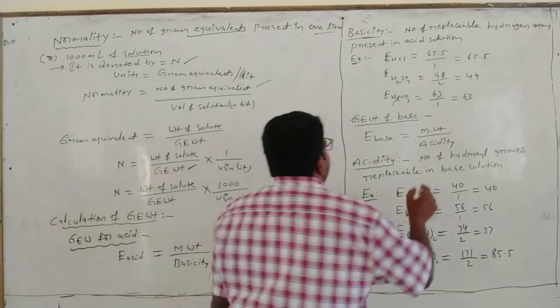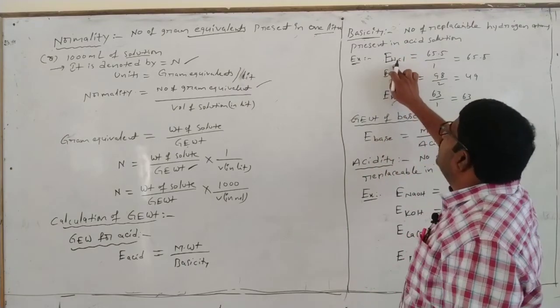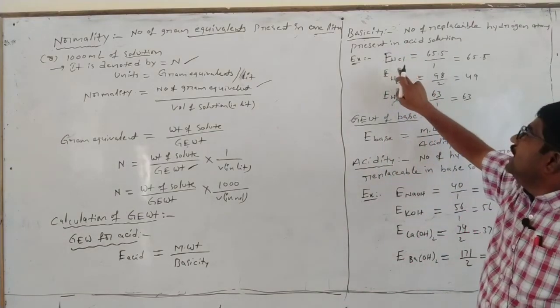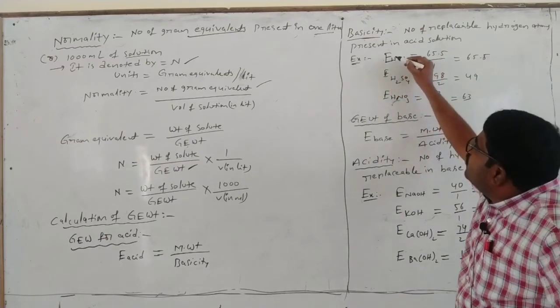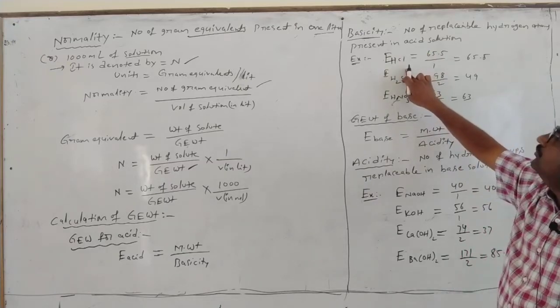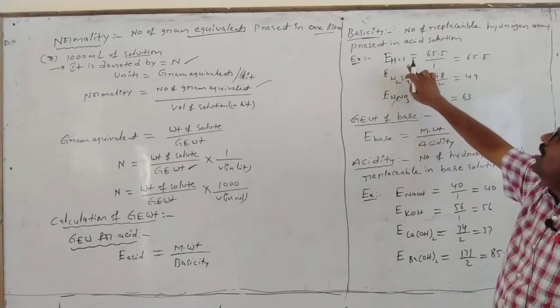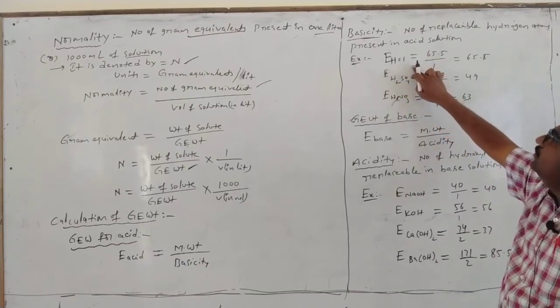For example, take the gram equivalent weight of HCl. HCl is an acid, so you take the molecular weight of the acid.